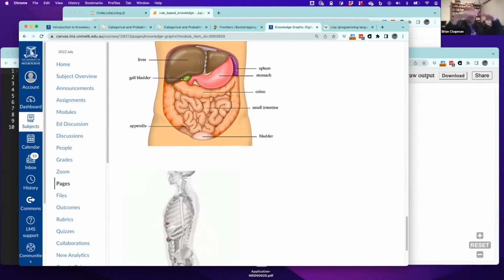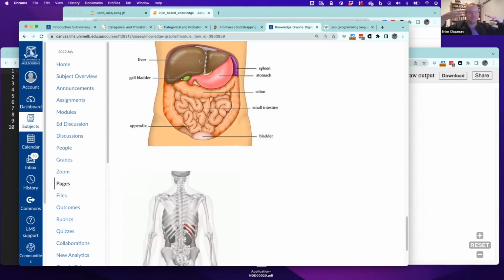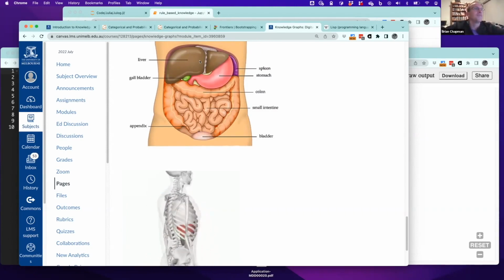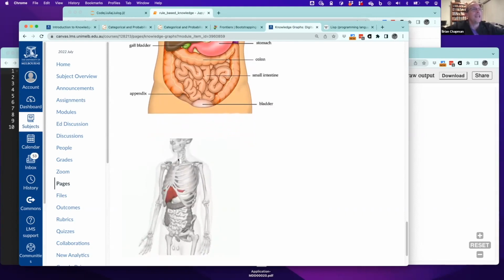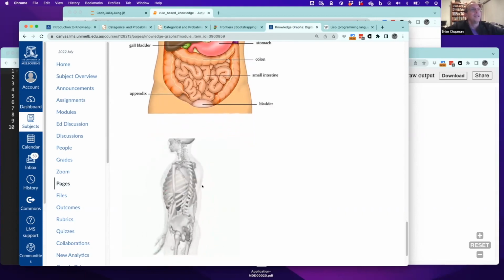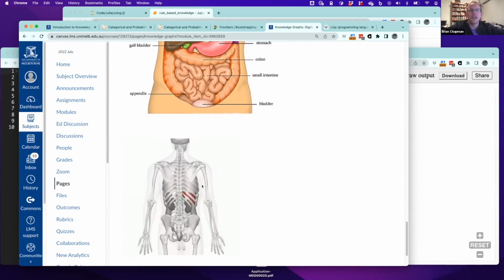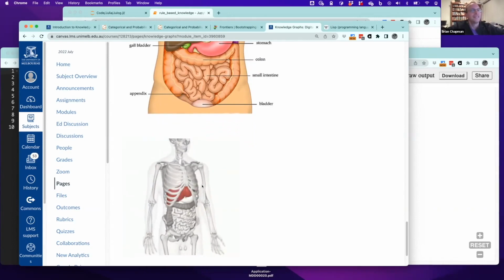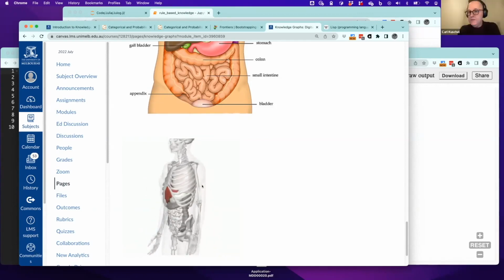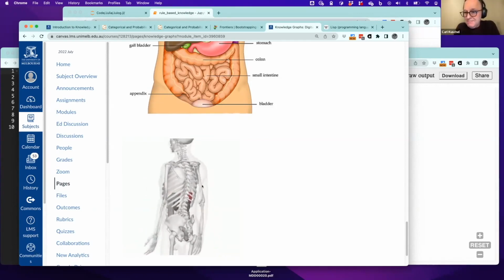When I'm thinking about this kind of logic description, how would you relate the liver to the rib cage? How would you describe that? It's mainly inside, but not all of it. Yeah, see that.